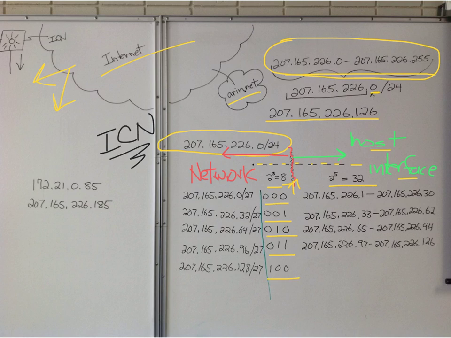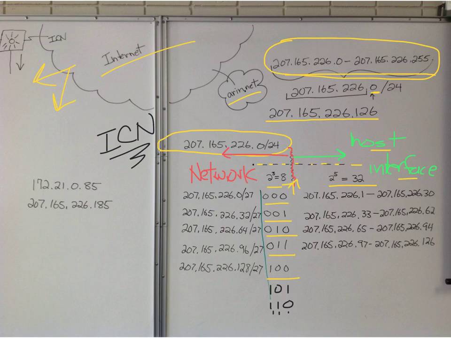Then there would be 3 more. Okay, so we 101, 110, and then 111. That's 8, right? Let me count, make sure I'm right. 1, 2, 3, 4, 5, 6, 7, 8. So we have those 8 combinations.